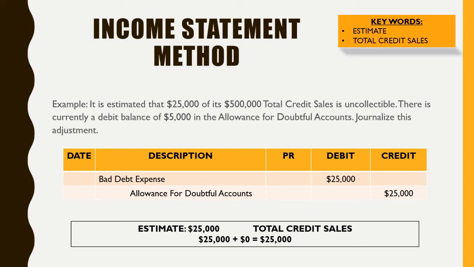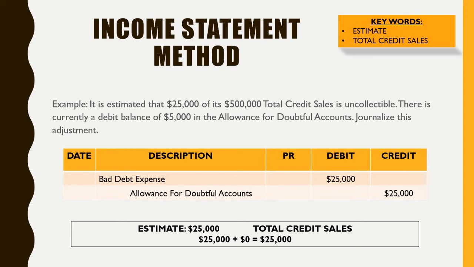There is nothing to subtract. Whereas with the balance sheet method, there was something to add and there was something to subtract. So in this case, we're adding nothing because we don't care about whatever balance there is in the allowance for doubtful accounts because it doesn't appear on the income statement. So we don't care for it. So we treat it as if it's zero.